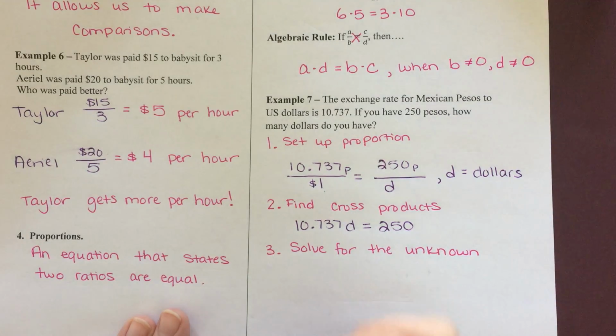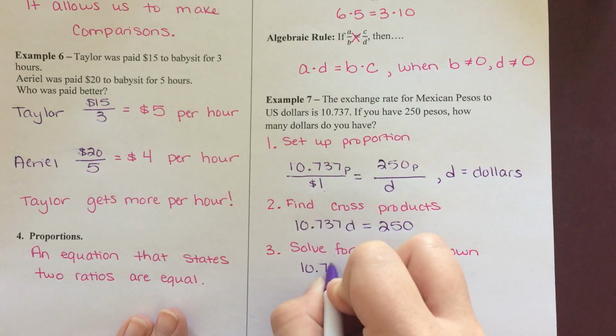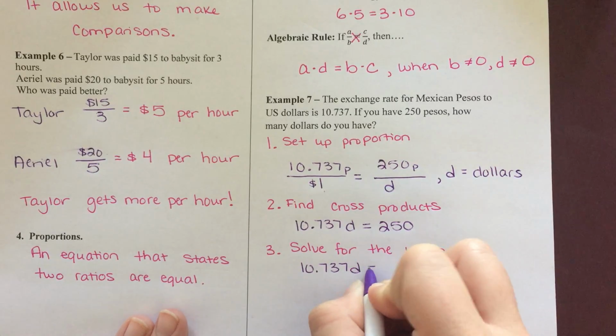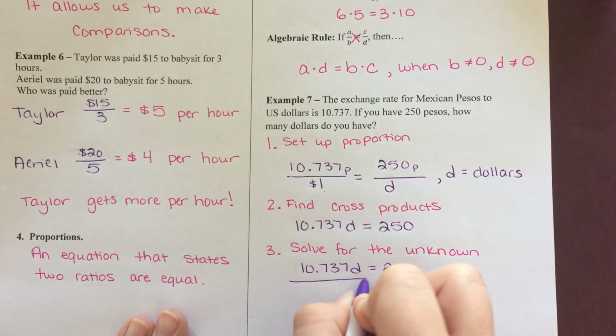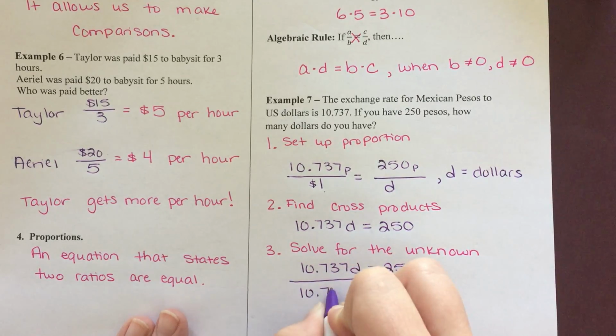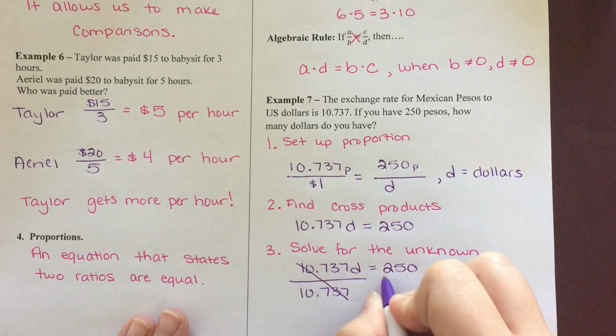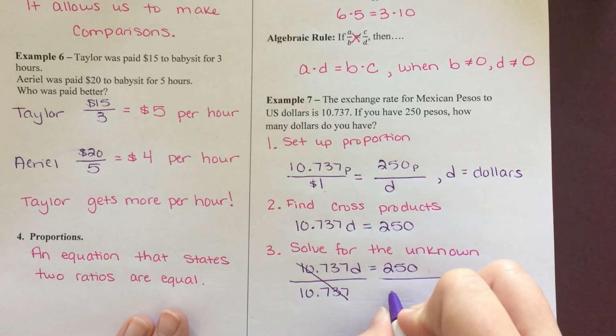So here, if I have the equation that 10.737D is equal to 250, I'm going to have to divide both sides by that 10.737 so I can get my D, the dollar amount that we're looking for, alone.